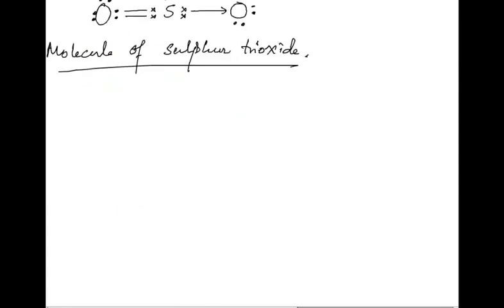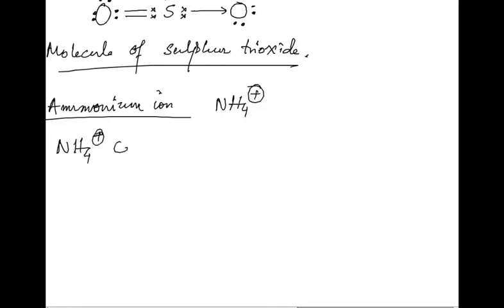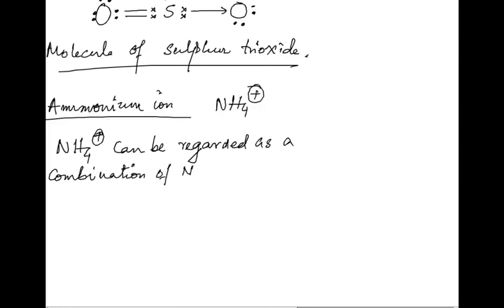The formation of the ammonium ion can be regarded as a combination of an NH3 molecule and an H plus ion.